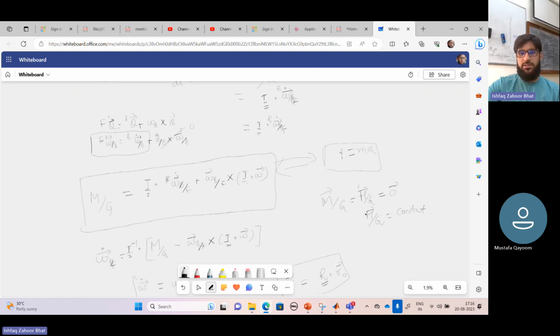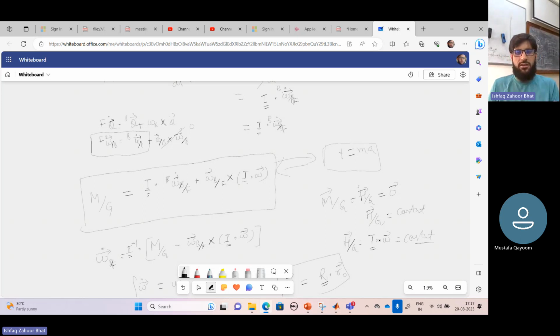So till now, the equations are saying that if the external torque is 0, the angular momentum should be conserved, or constant. But what is angular momentum equal to? Angular momentum is equal to I dot omega, and this should be conserved, or constant. So it means that the dot product of a tensor with a vector should be constant.